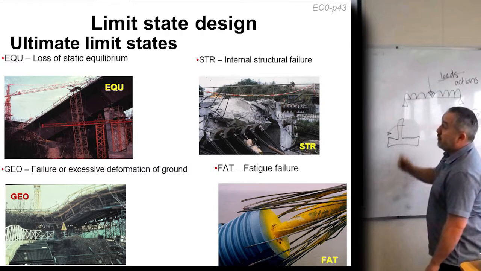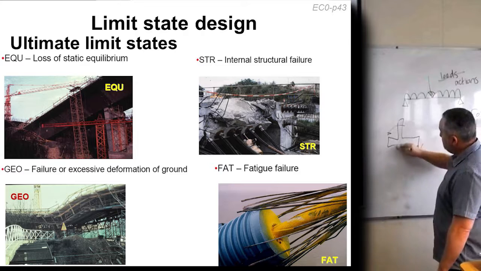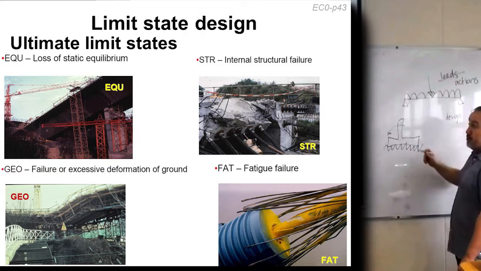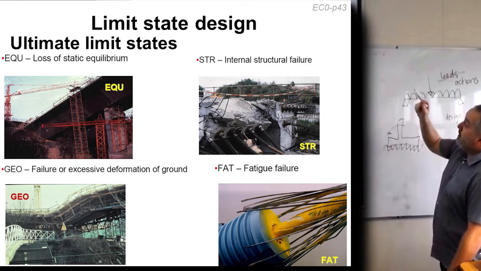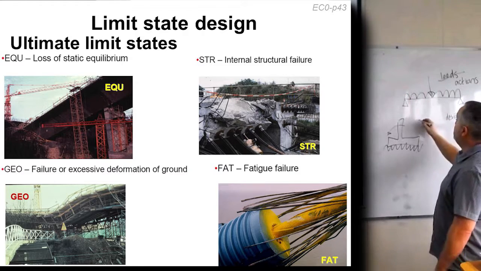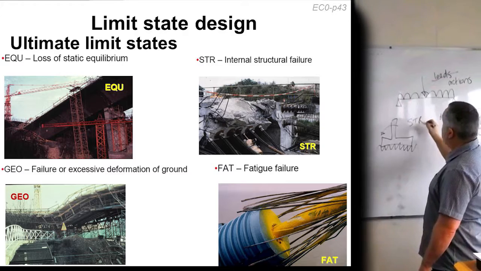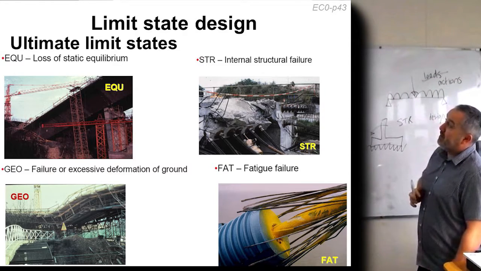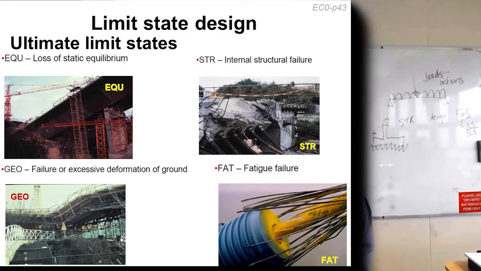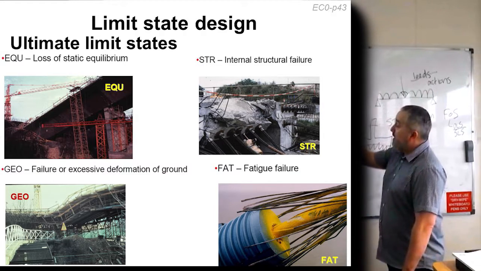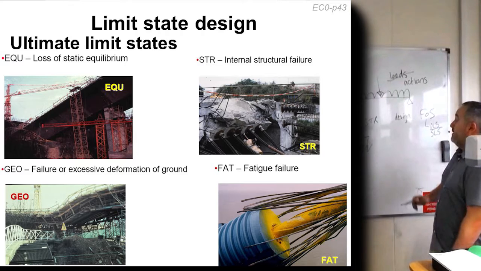You've got GEO, where this is touching the ground, and you'll be using factors of safety from this table for that. We mostly use STR for structure. We might do an example with equilibrium. And then FAT, that's to do with fatigue.